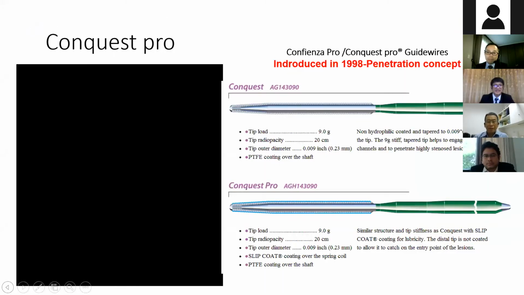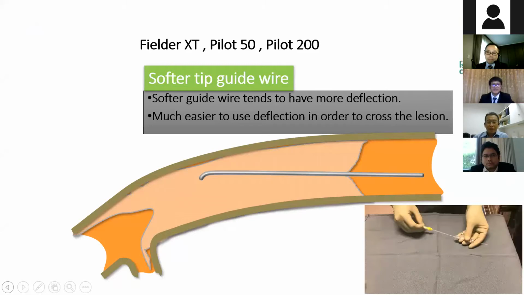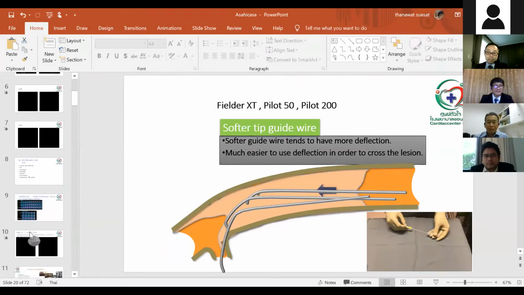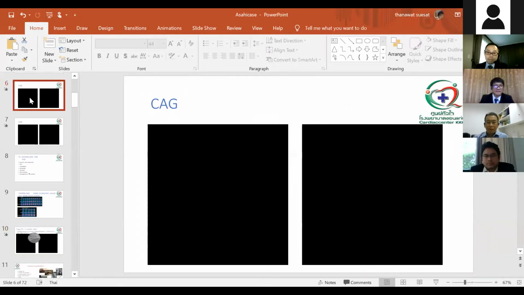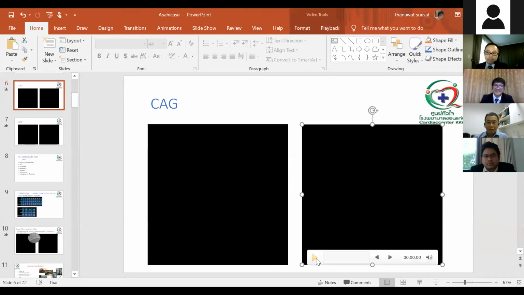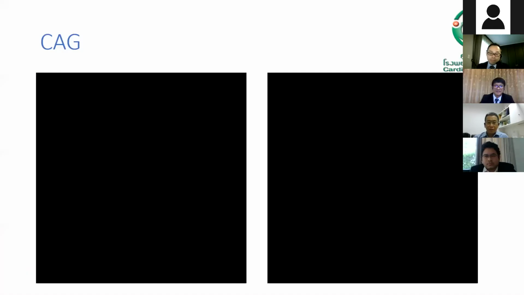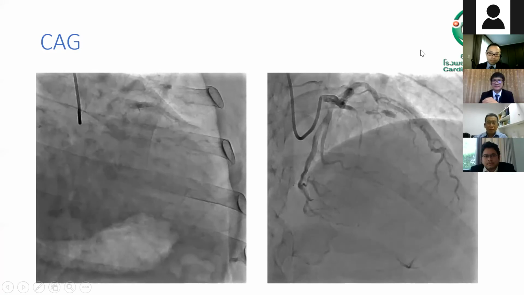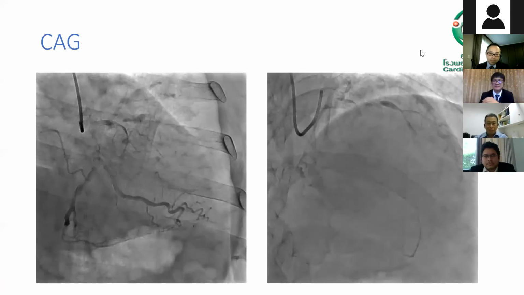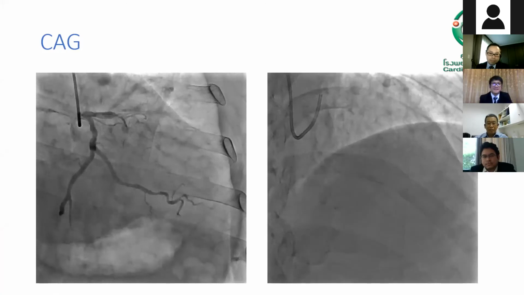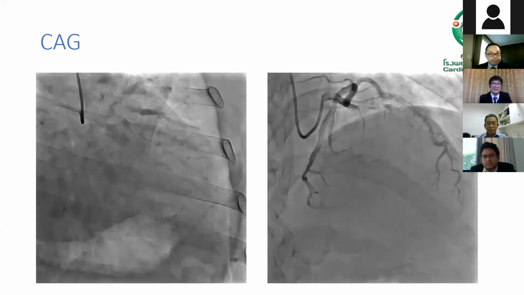So I think this lesion should not be very hard, but when you do the staged PCI, maybe it finally became totally occluded. So maybe the point is it's difficult to cross the lesion with the guide wire, maybe because at the point of the nearly occluded segment there is some calcium, and your wire went to the subintimal space.